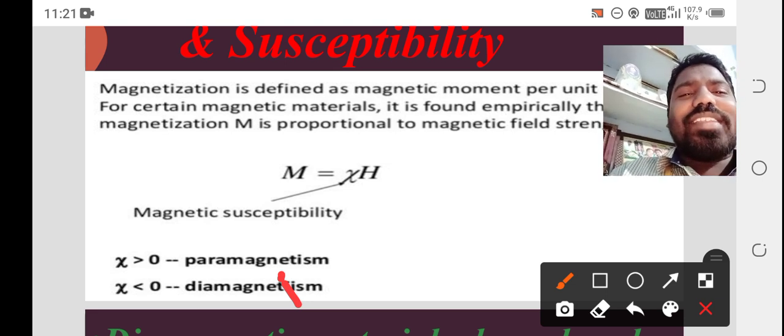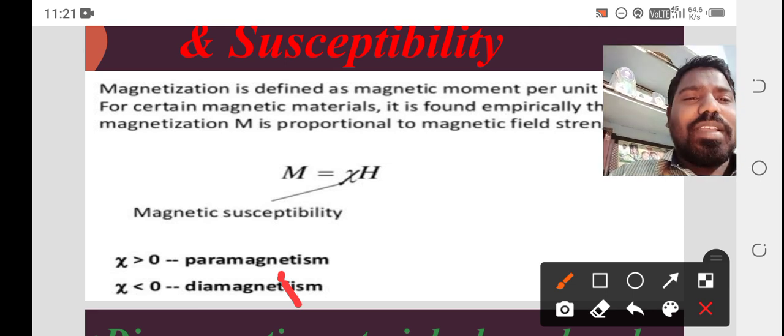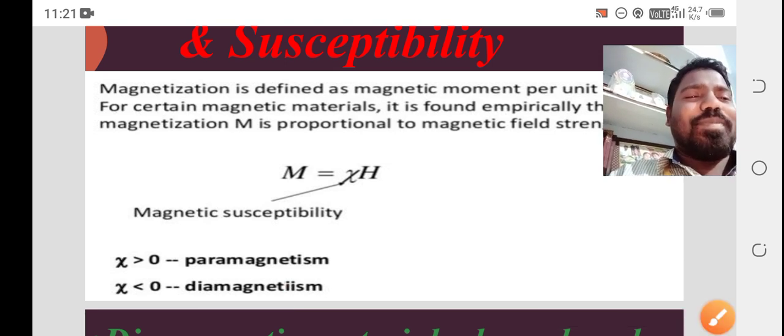If the susceptibility is greater than 0, that is paramagnetic material, and the characteristic is called paramagnetism. If the susceptibility is less than 0, that material is called diamagnetic material, and its characteristic is diamagnetism.